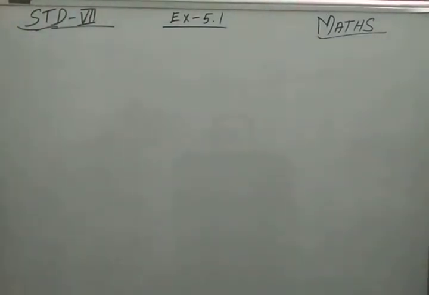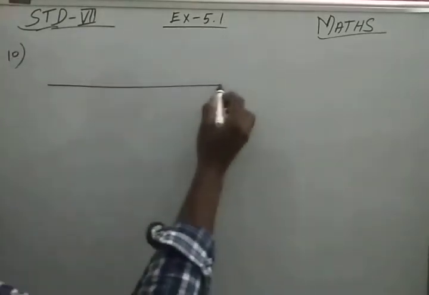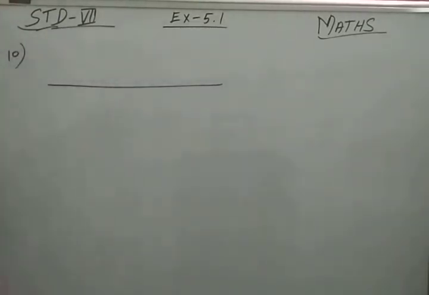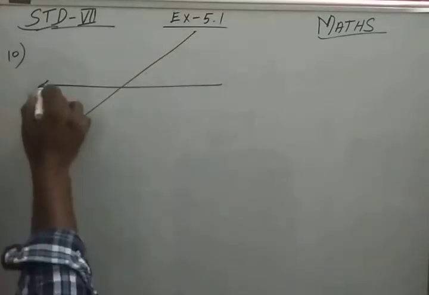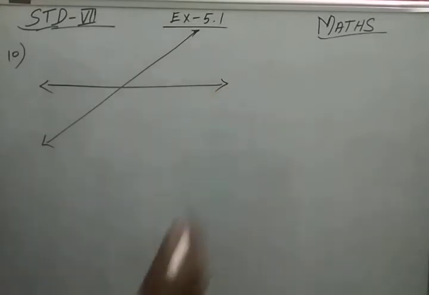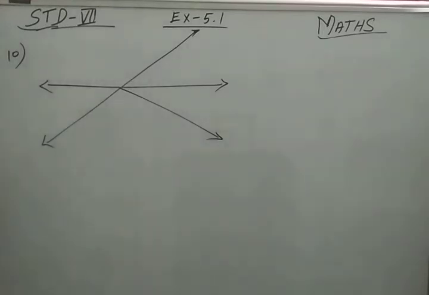In question number 10, indicate which pairs of angles are vertically opposite angles and linear pairs. We are going to draw a picture. This one, and one more line goes here.